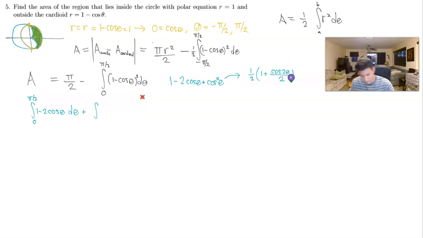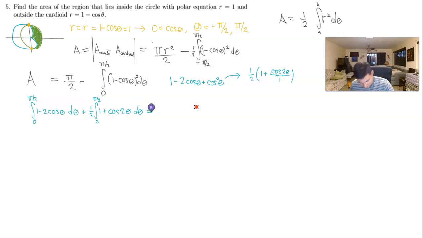So now, there you go. If you factor out the 1/2, it's 1 plus cosine 2 theta. Sorry, a little minor mistake, I corrected it though. So from pi over 2 to 0, 1 plus cosine 2 theta d theta.